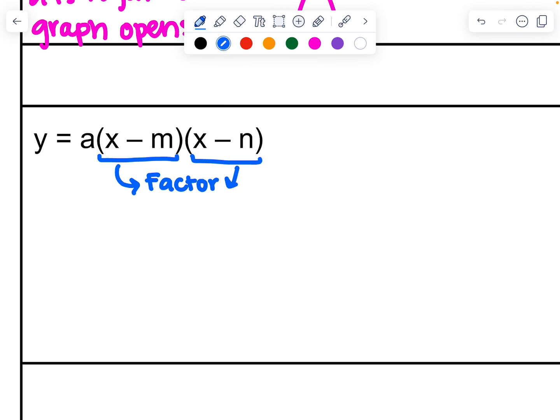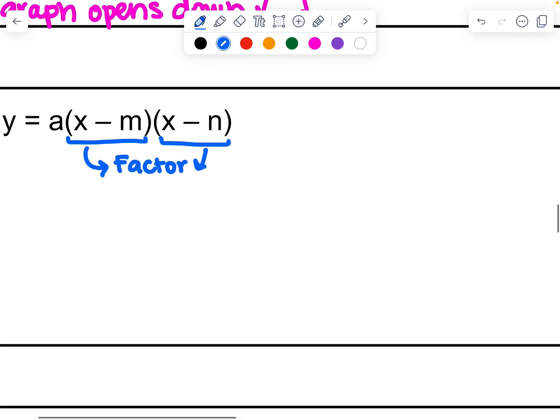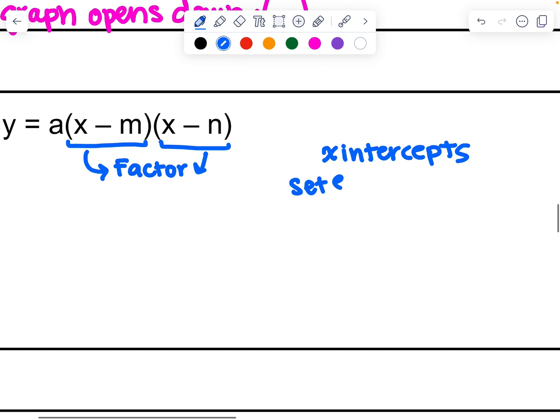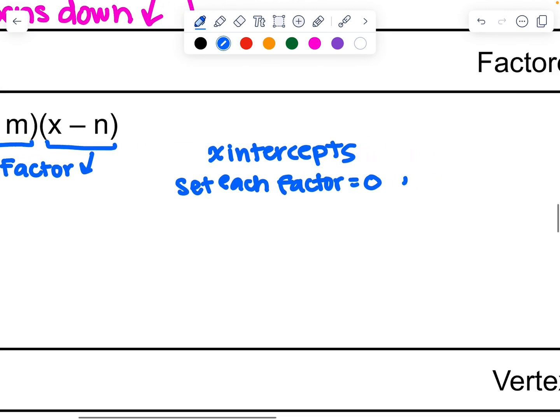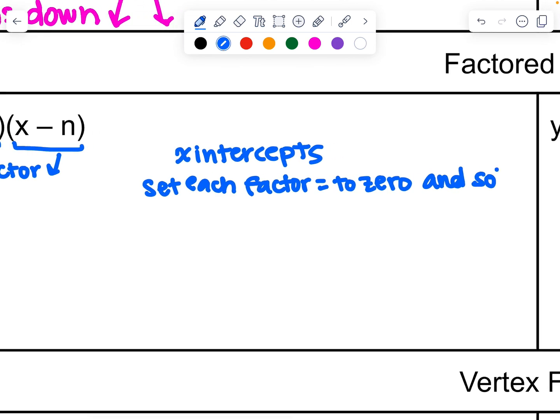To find those x-intercepts, what you're going to do is set each factor equal to 0 and solve. So we want to set each factor equal to 0 and solve.